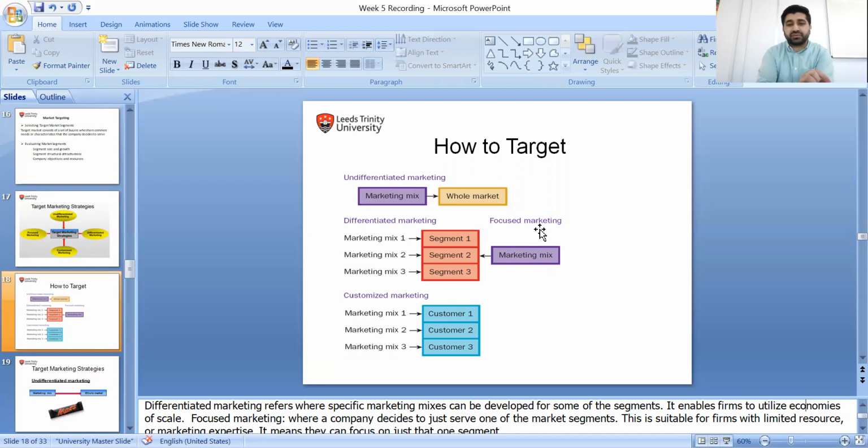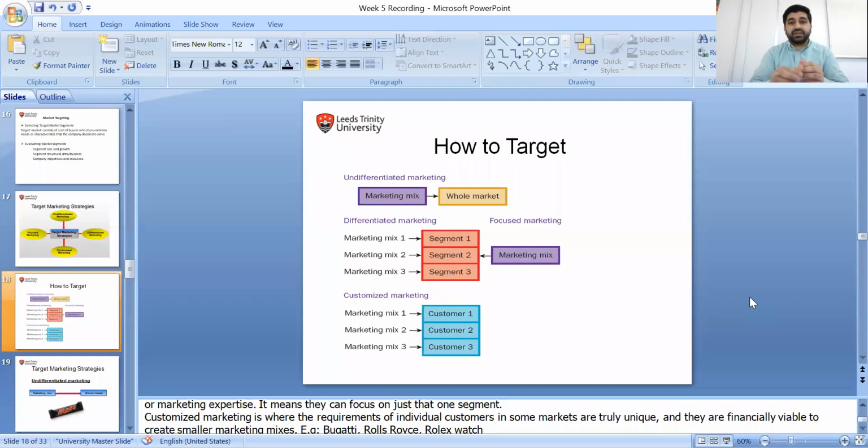This is suitable for firms that have limited financial resources, limited human resources, and limited market expertise. So they are just trying to serve a limited part of the market.